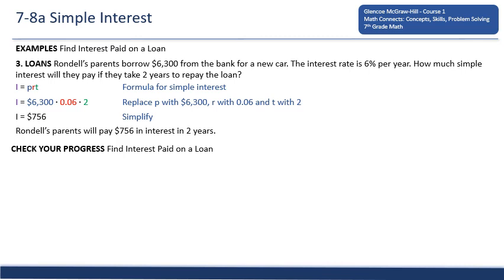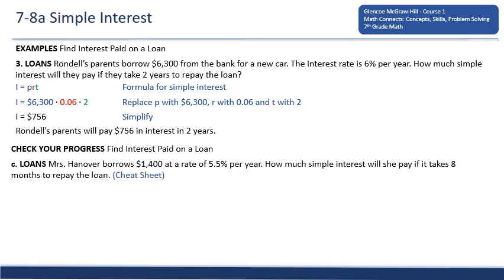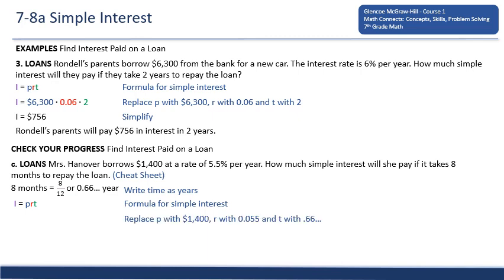Check your progress. Find interest paid on a loan. Mrs. Hanover borrows $1,400 at a rate of 5.5% per year. How much simple interest will she pay if it takes 8 months to repay the loan? We'll write the time as years. So 8 months is 8 over 12, or 0.6666 repeating, years. The formula for simple interest is interest equals principal times rate times time.